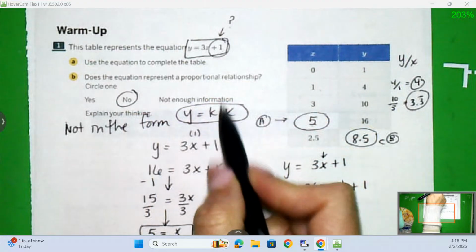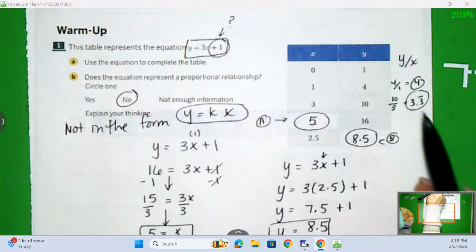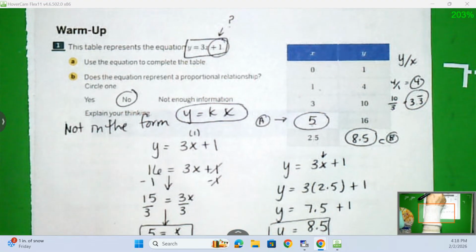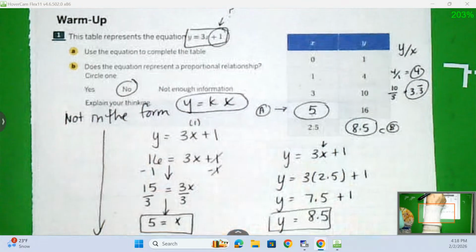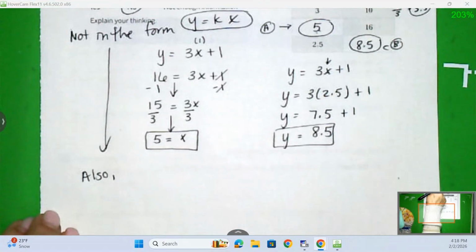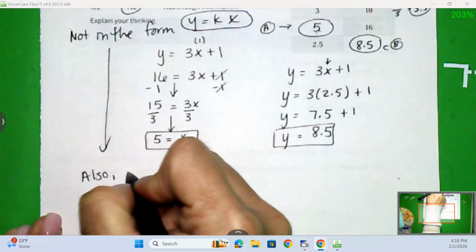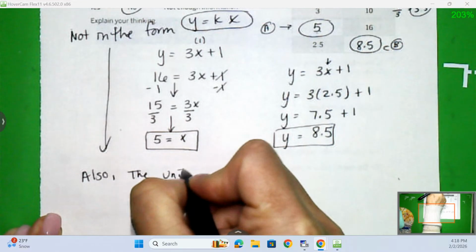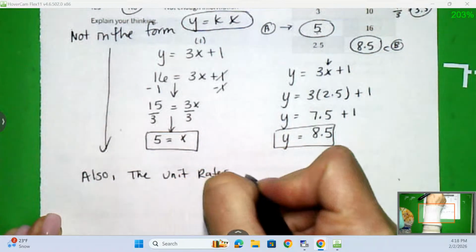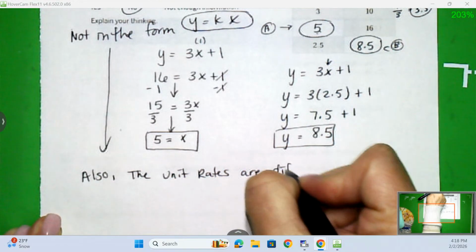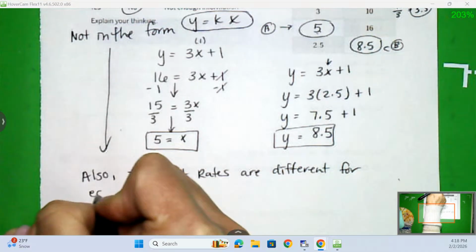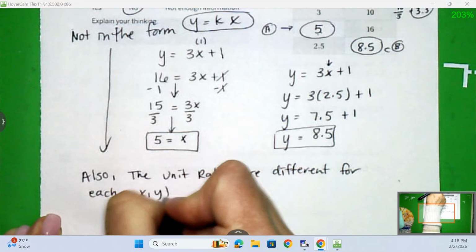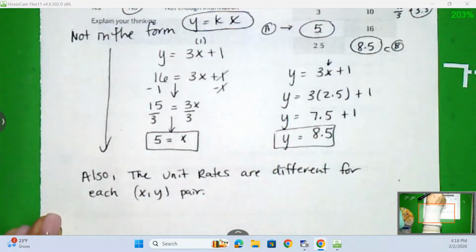Because it has this extra plus 1, the unit rates are different for each xy pair, so they're not the same.